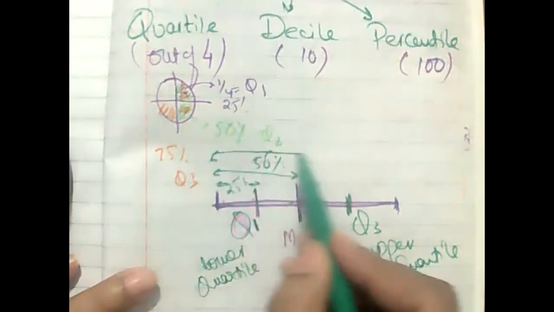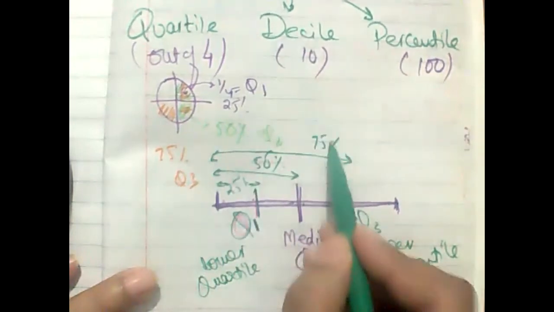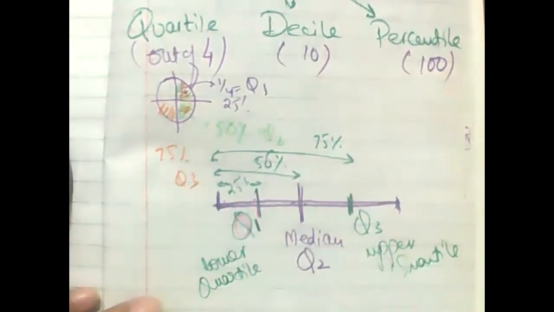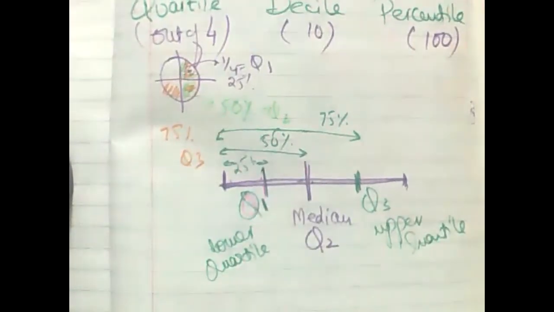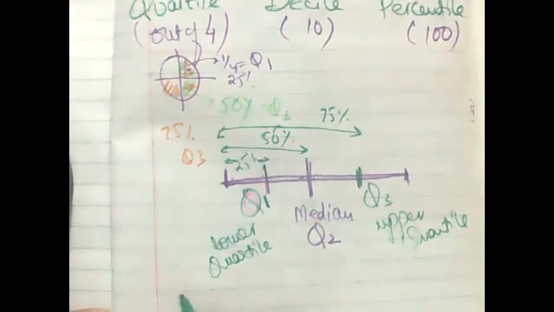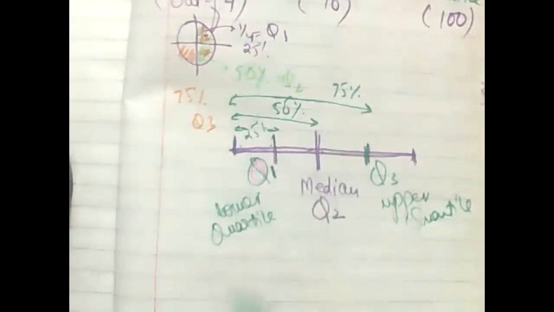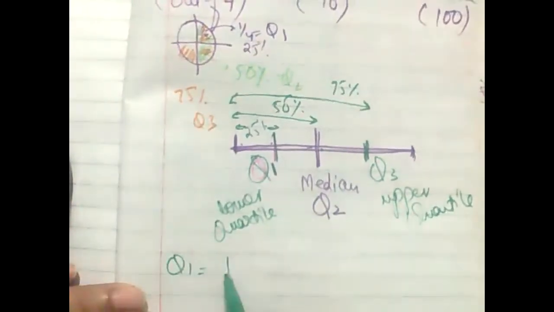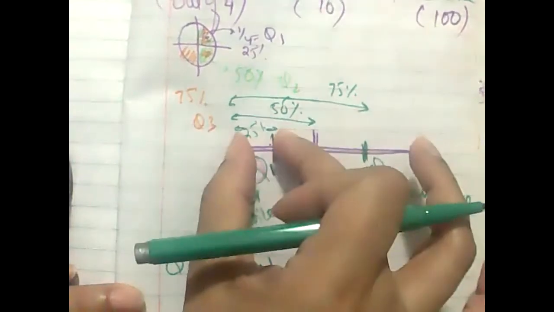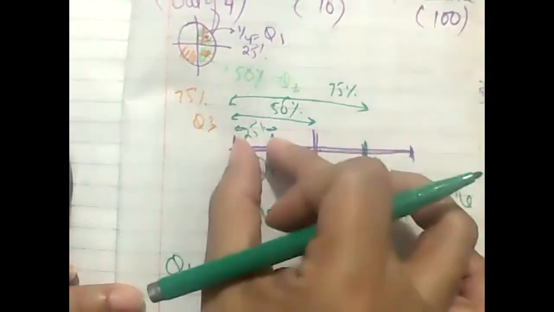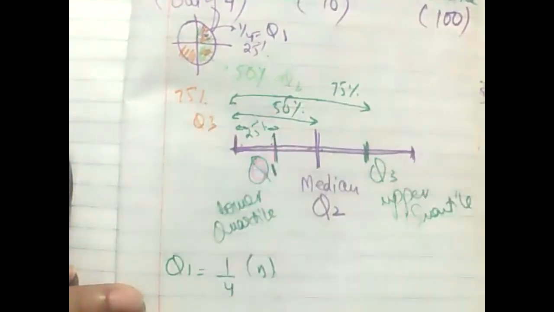From here till here, it's 75%, and so on. So in short, can I conclude that Q1 is one fourth of the whole data? One fourth means 25% of the whole data.